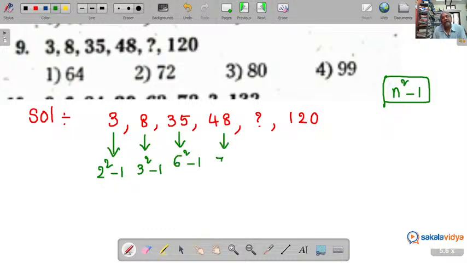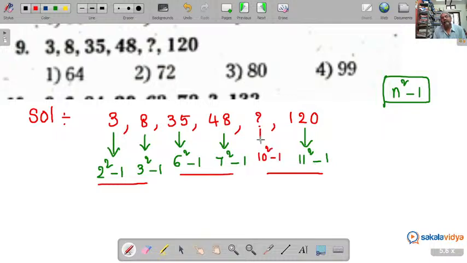This pattern is 7 square minus 1. This pattern is 121, 11 square minus 1. So now you see the combination 2, 3, 6, 7. So next 10, 11. So this one will be 10 square minus 1.